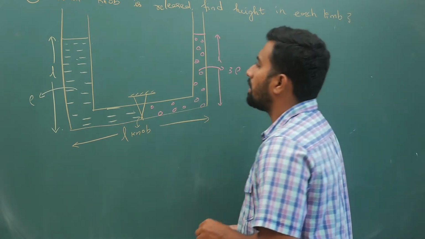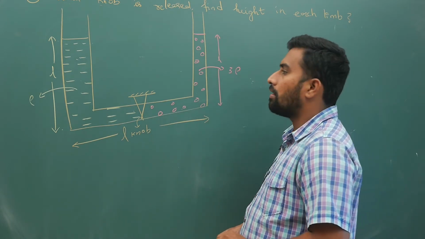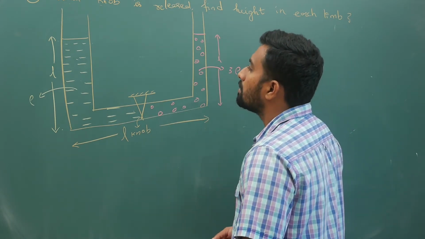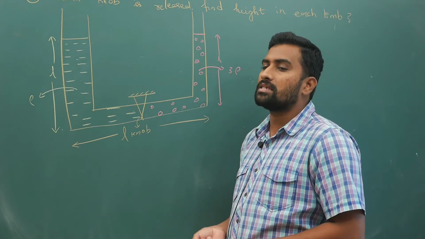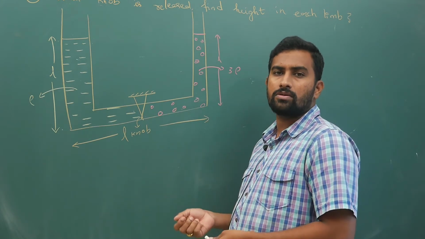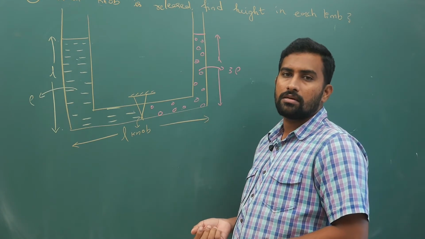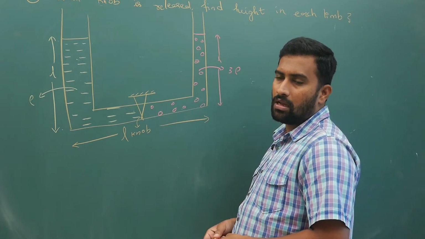Now first, you have released the knob, but your liquid will stop flowing from one limb to another limb when pressure becomes the same on both sides.